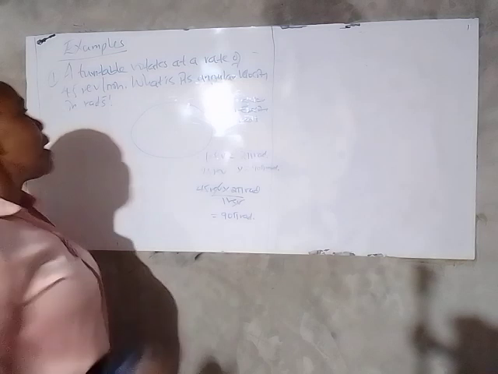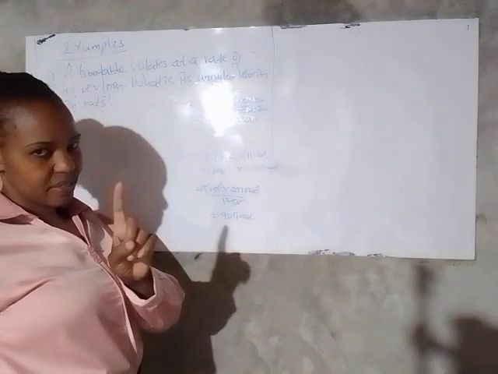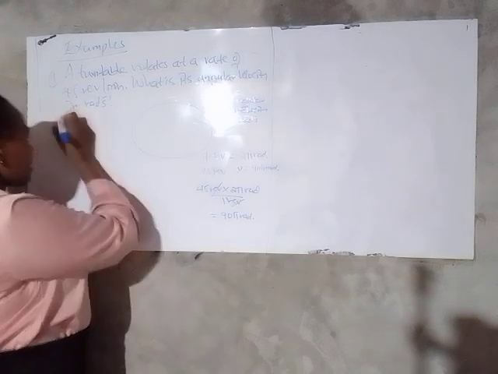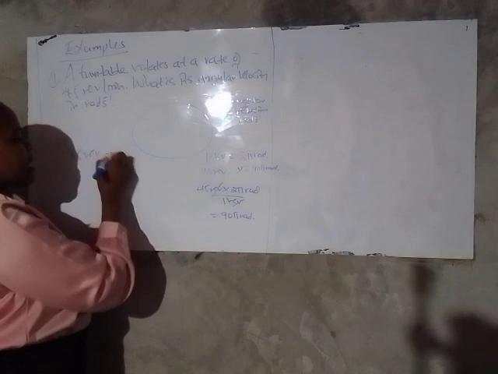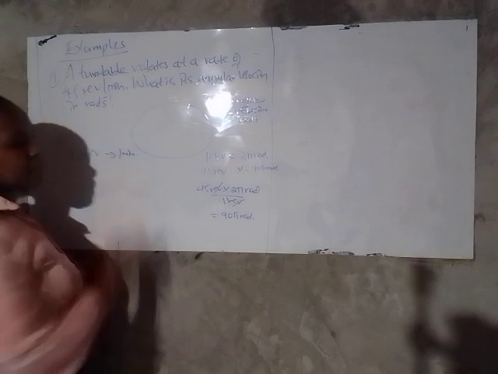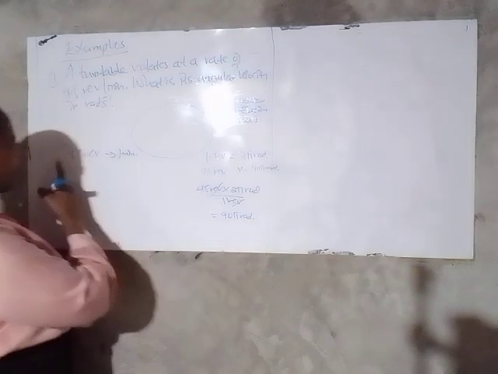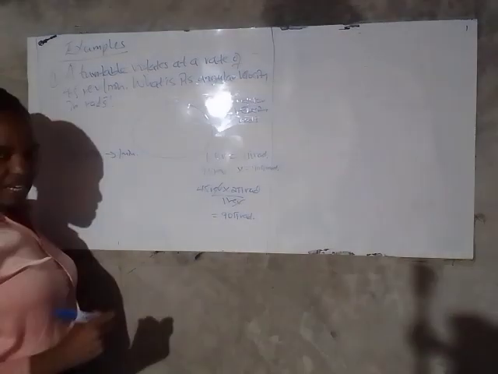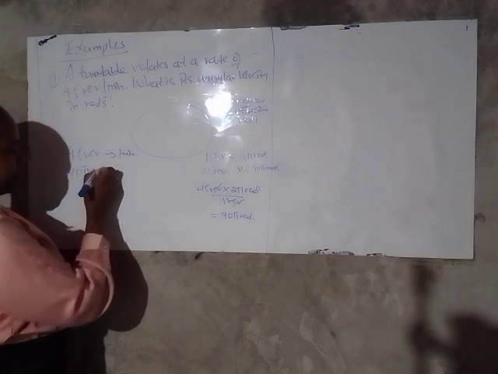But those 45 revolutions are in 1 minute. It's covering 45 revolutions per minute, and 45 revolutions are 90 pi radians.